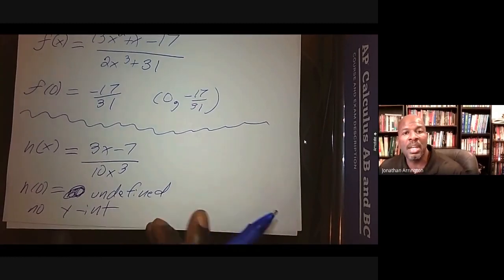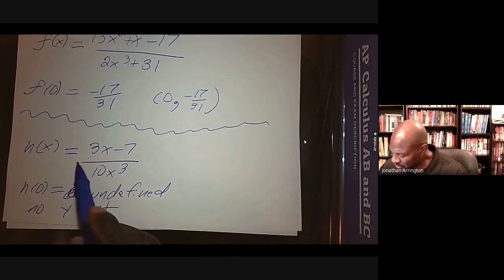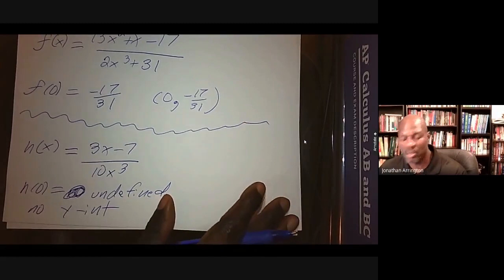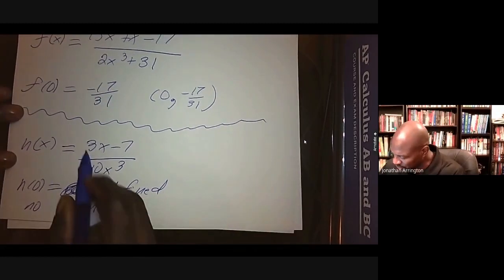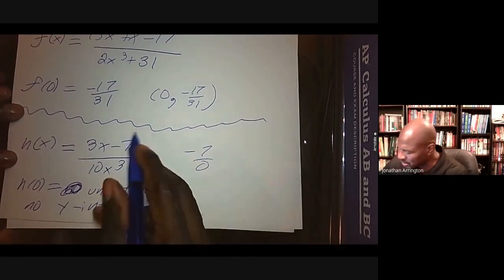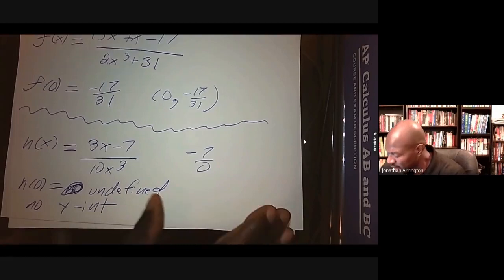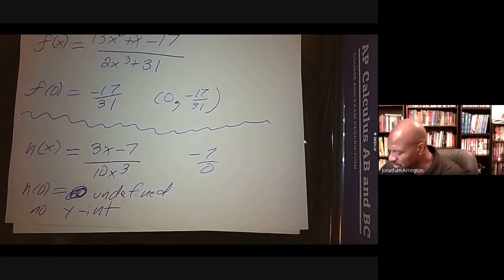You'll notice it will never cross the y-axis. So if you plug in 0 for x and you get a value which is undefined, then you don't have a y-intercept. When I plug in 0 for x, what I get is negative 7 over 0. And of course, negative 7 over 0 is undefined. So that's one you've got to be a little careful about.